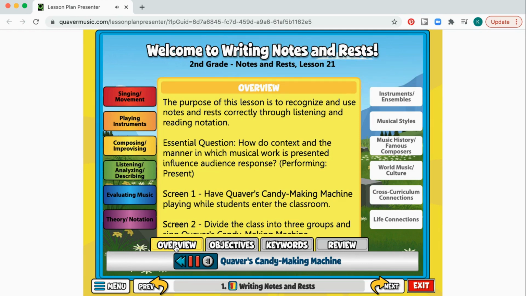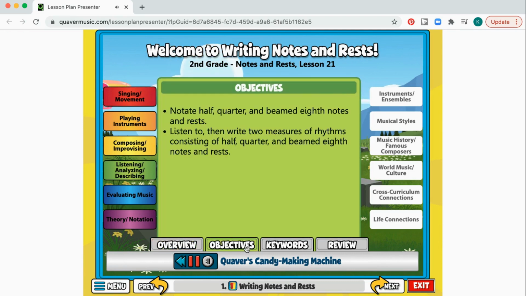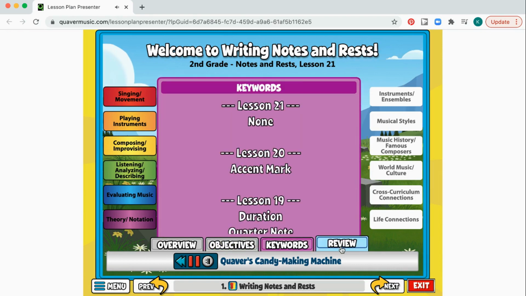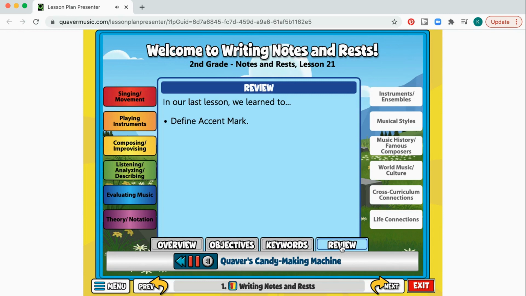That candy is created in the blink of an eye. Gummy fish. Jelly beans.